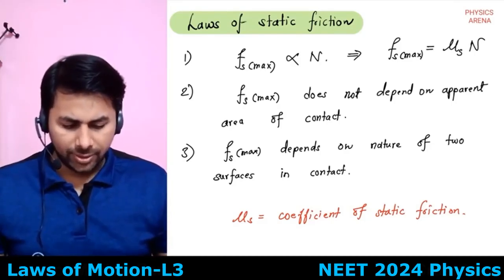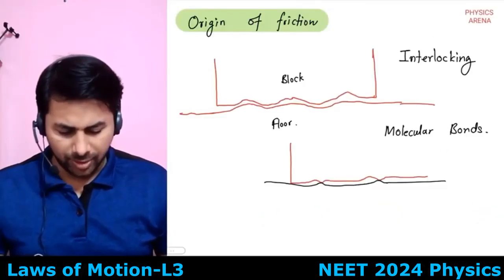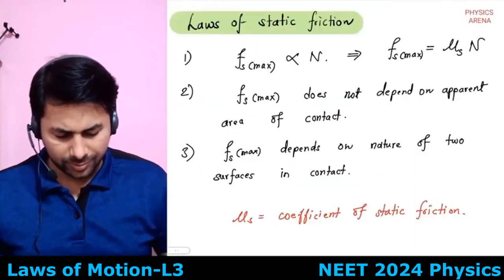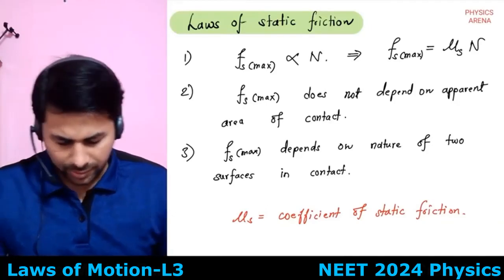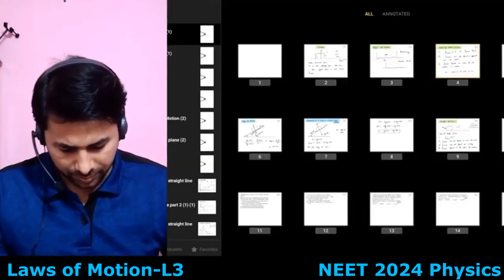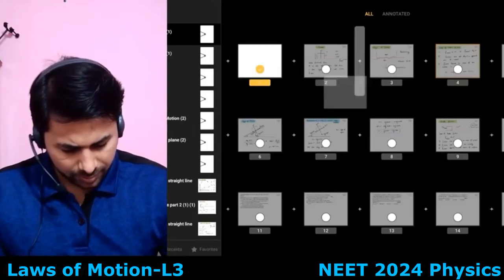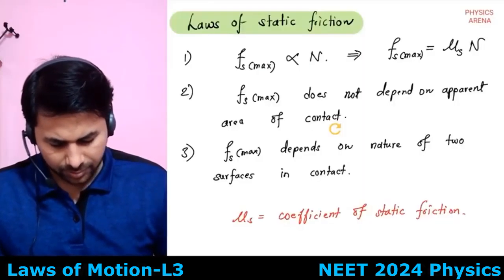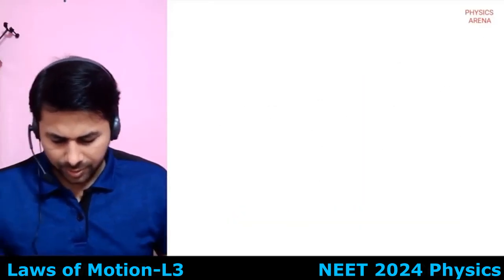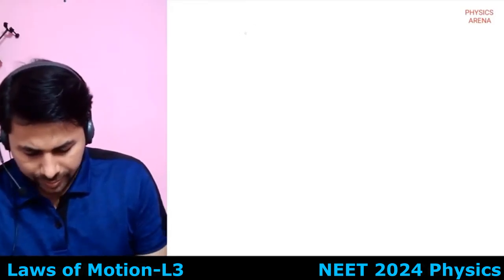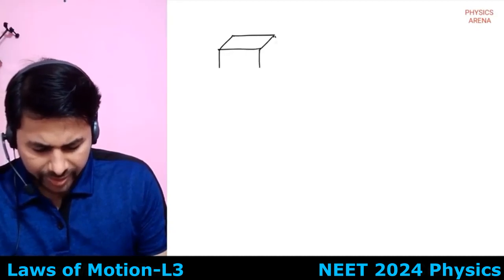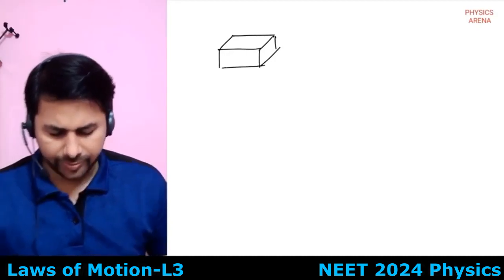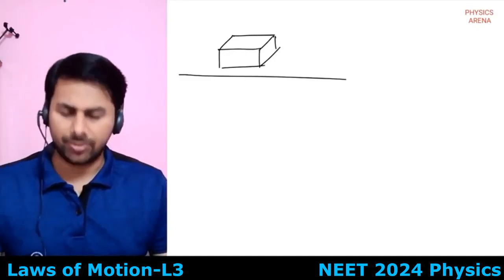Okay. So now for an example, you keep some body. Suppose you have a wooden brick like this, and you keep it on some surface.